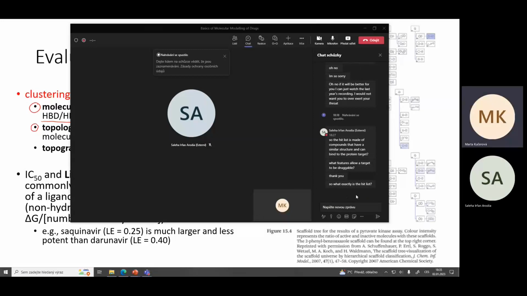Hit lists are all the active compounds from virtual screening. So we can use, for example, molecular docking and run a huge database of compounds through the protein. And the compounds that show some specific scoring and suitable pose in the binding site are the hits.